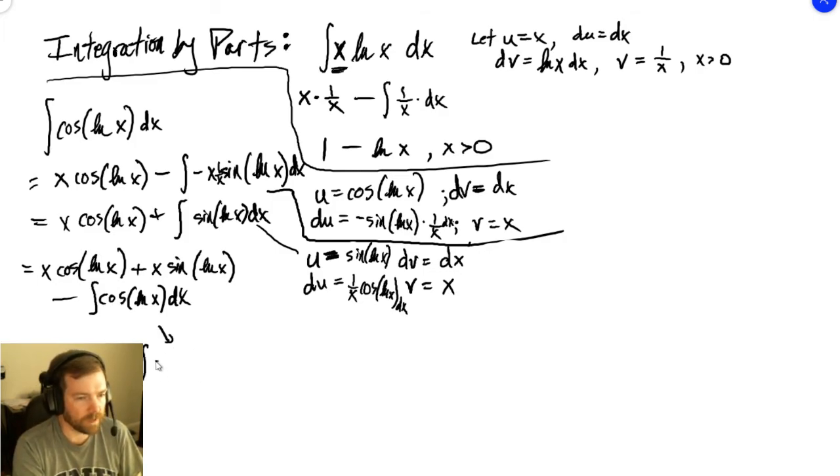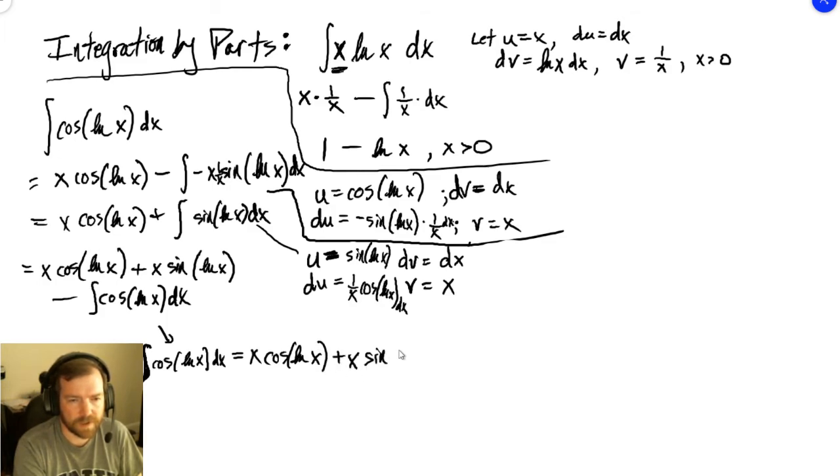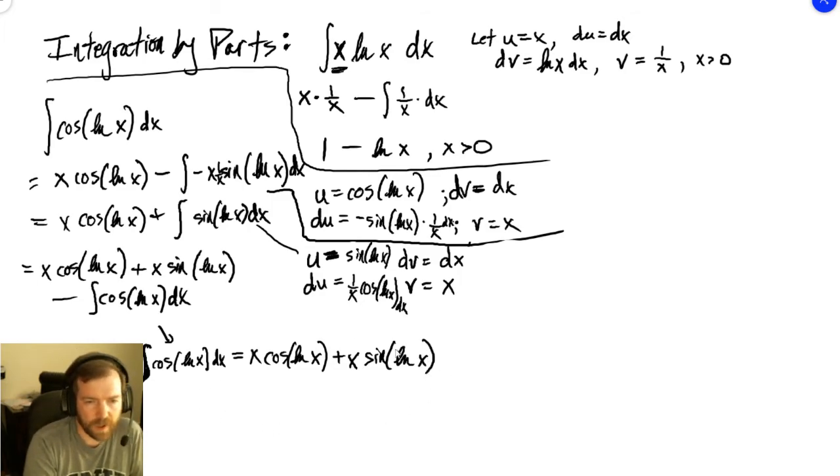Alright, so the integral of cosine natural log of x dx is equal to x cosine of the natural log of x plus x sine of the natural log of x minus the integral of cosine of natural log of x dx.